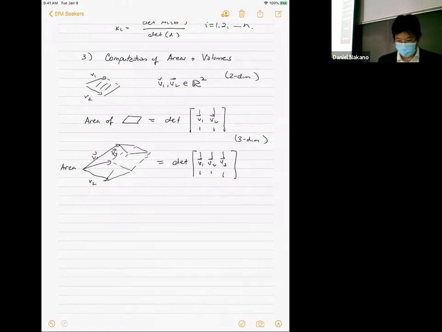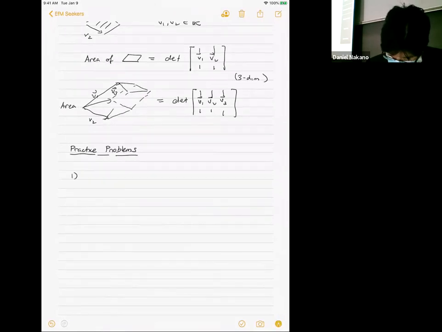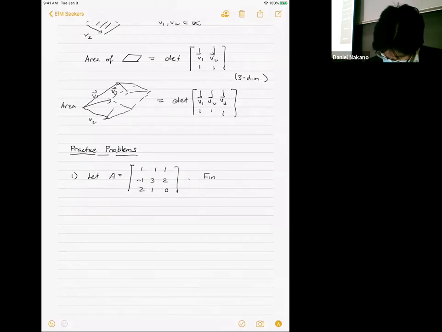All right, so let me give you some practice problems. So 1. Let A be equal to the matrix 1, 1, 1, minus 1, 3, 2, and 2, 1, 0. So the problem is find A inverse if it exists.